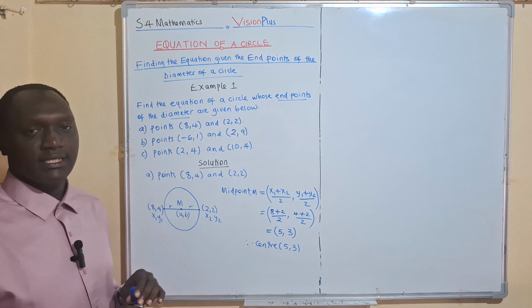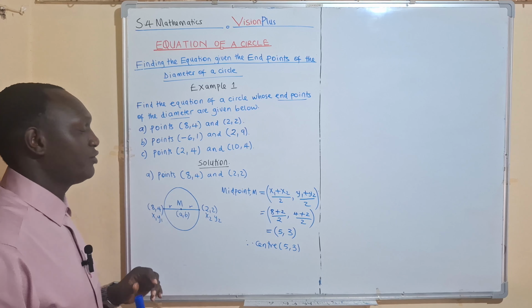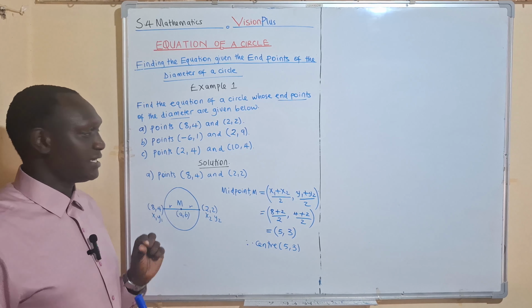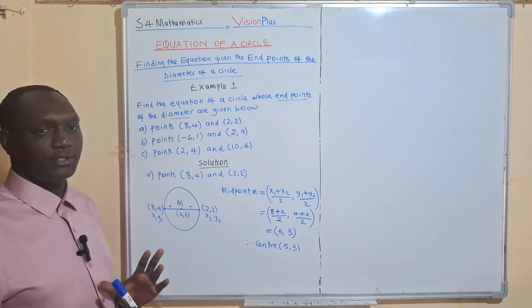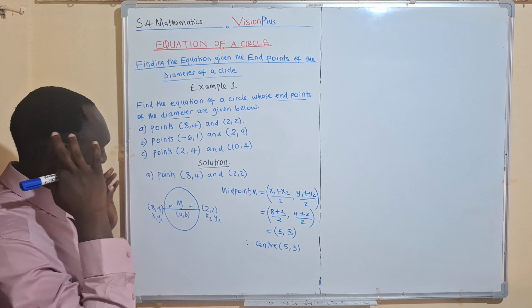And then from there you get the radius straight away. So I'm going to do the two options and we see that we get the same answers just for part A. But for part B and C and the coming examples, I will just use what will be easier for me and you choose what is easier for you.